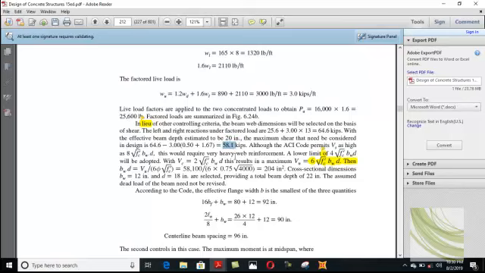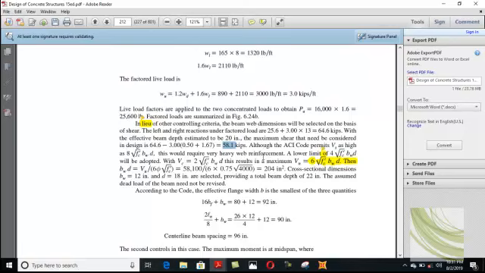Clear? This minus 3 0.50 plus 1.67. It is the critical shear.